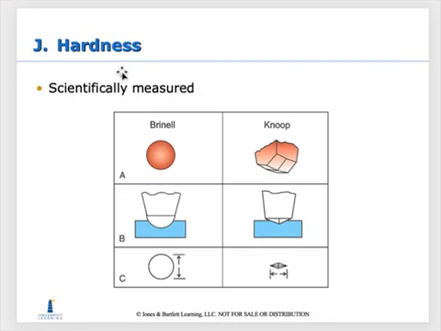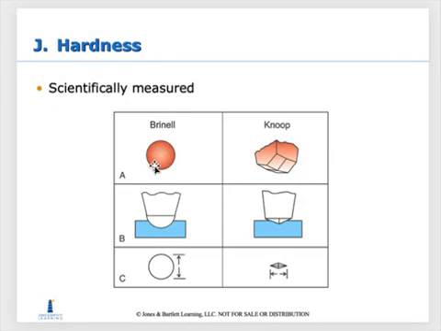Okay, so hardness is scientifically measured by instruments that press a tip, which is either steel or diamond, into the surface of the material just to see how big of an indentation it leaves. So how well can it kind of resist that? This image is showing two different types of measurements, the Brinell and Knoop.